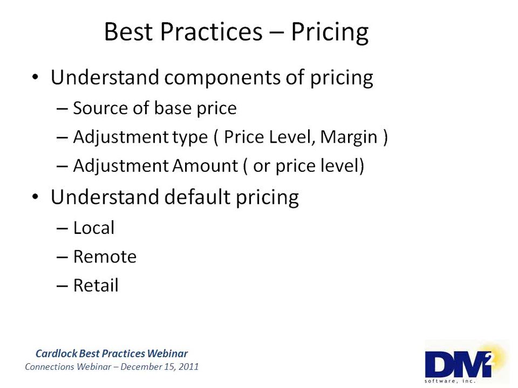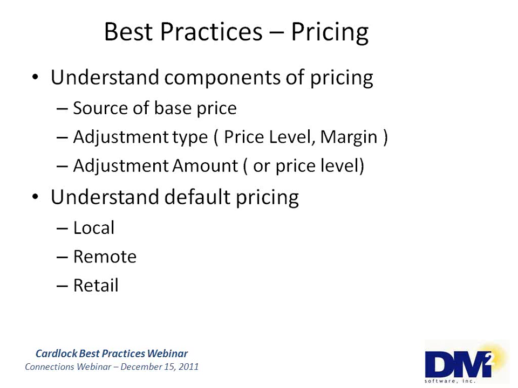Now in the case of locals and remotes, that amount could be tied to a price level. So if I say price level 2 is a 2-cent markup, I just give the customer price level 2, it's always going to be 2 cents. So adjustment amount is either a dollar amount or a price level. Those are the three components for pricing.